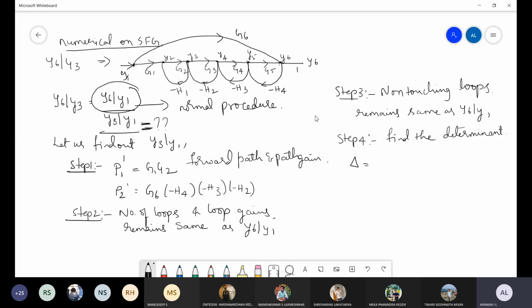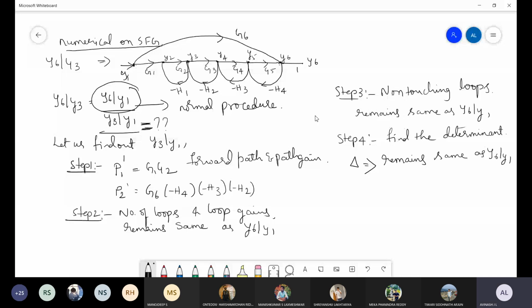So it is also associated with loops only. So this delta will also remain same because it is with respect to only the loops and non-touching loops. Obviously, delta remains same as y6 by y1. Is that clear?